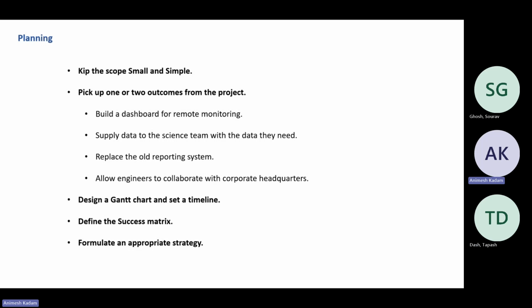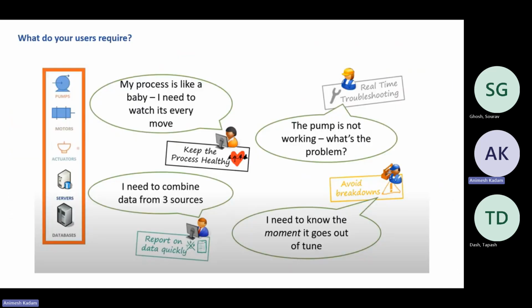So coming on to the planning, this is kind of the project management part, but it is really important because we have struggled with a lot of clients on this side. Though we are ready with the implementation plan, it is always very tough to work with the plant people or the site people to do a successful implementation, because as you saw just 3-4 slides back, it is not only one type of user.